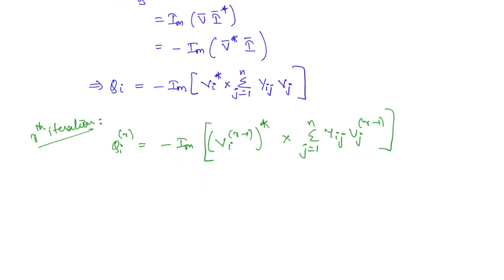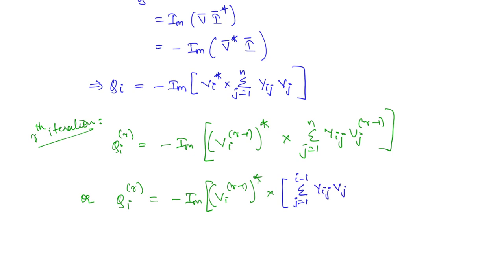And also, just like in the case of voltage, you can write the rth iteration as minus the imaginary part of Vi, r minus 1 conjugate, into the sum split from j equals 1 to i minus 1, where you get Yij Vj at the rth iteration, plus sigma from j equals i to n, where you only have the r minus 1th iteration, Yij Vj, r minus 1.